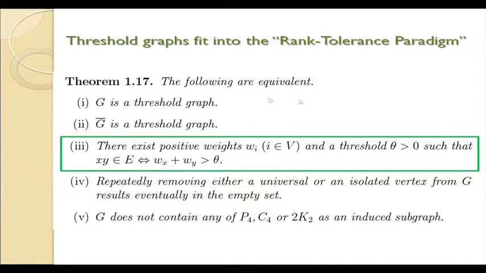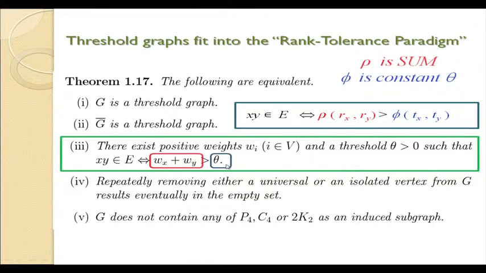The operation rho is sum. And the theta is a constant number. So it's just the constant function. All the tolerances can be equal, and the constant function. So this shows that threshold graphs are certainly within this framework.